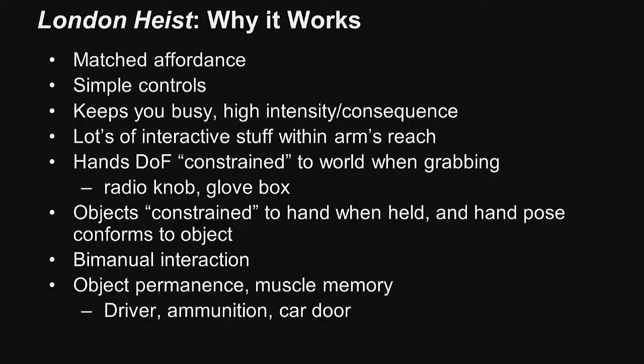So if you're thinking about designing an inside-out tracking system where you only have tracking of your hands where you're looking, that would fail. You wouldn't be able to see your hand if you reach over there. That could be an issue for some of the new tracking systems. But there's a lot of things that work there with object permanence as well. First of all, you can reach in and you know that something will be there. You hear audio cues constantly.